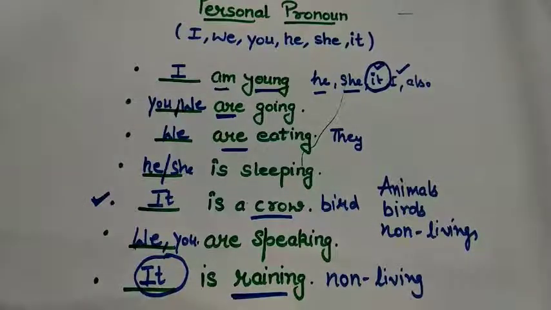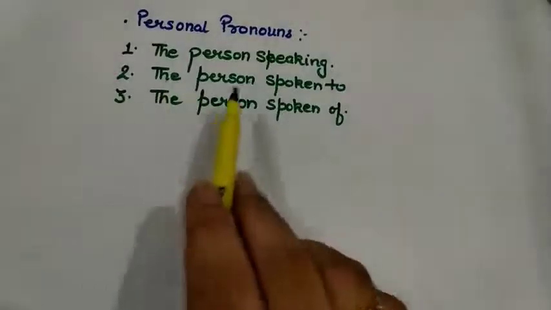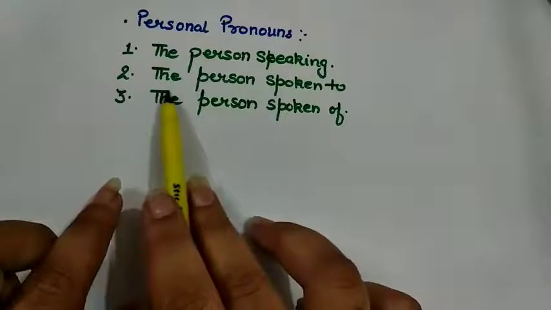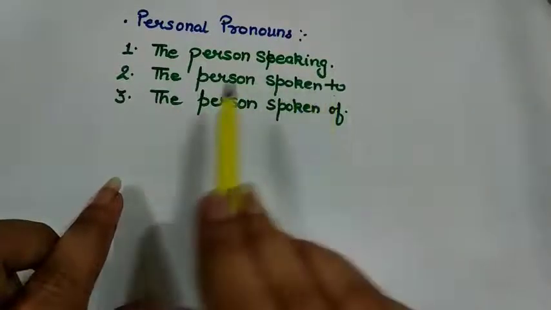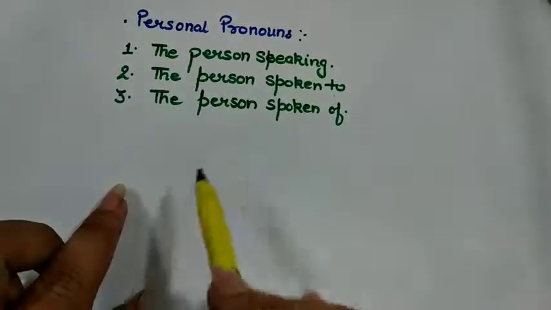Basically, the examples prove that we use I, we, you, he, she, it and they as personal pronouns because they stand for three persons here. The one is the person speaking, the second is the person spoken to, and the third one is the person spoken of.